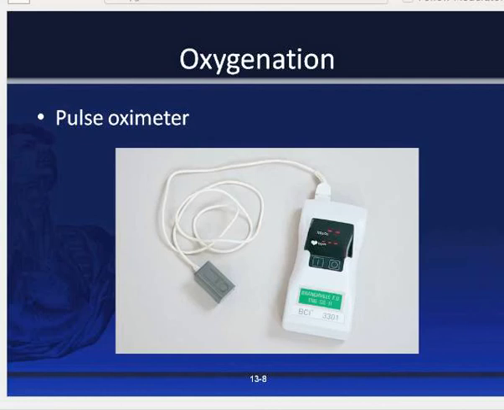It's important to remember that this is really a tool. There are a lot of things that can throw off a pulse ox. For example, nail polish. People who have peripheral vascular disease, which means they've got poor circulation in their peripheries, in their arms and their legs, that can throw off the pulse ox.